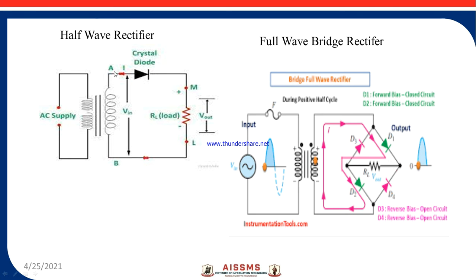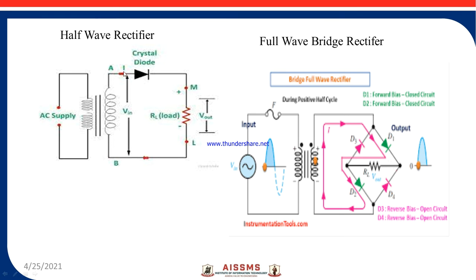So the voltage across this winding will be less than the AC supply voltage we have provided. Consider point A to be positive and point B to be negative. Because of this, the PN junction diode gets forward biased, as the positive is connected to the anode of the diode, whereas the negative B is connected to the cathode, which makes the circuit forward biased.